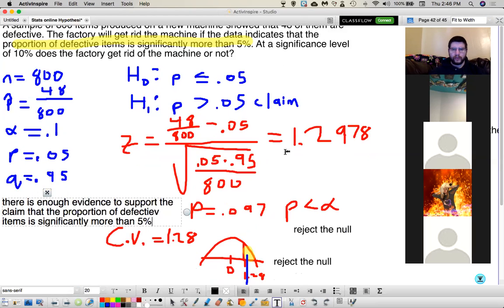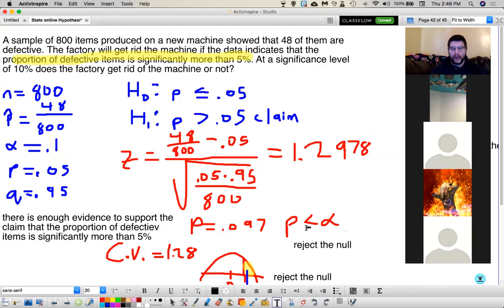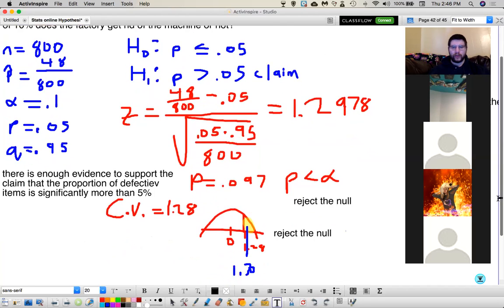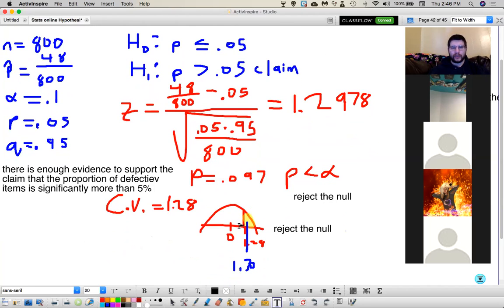To fail to reject the null would mean that we're not. Okay. So if P is greater than alpha, we fail to reject the null. If our test statistic is not in the critical region, we fail to reject the null. So if it was out here, we fail to reject the null. If this is greater than alpha, we fail to reject the null.